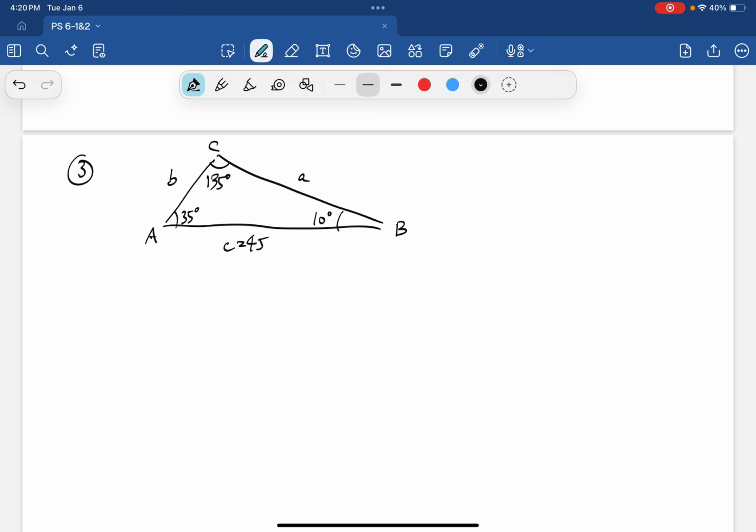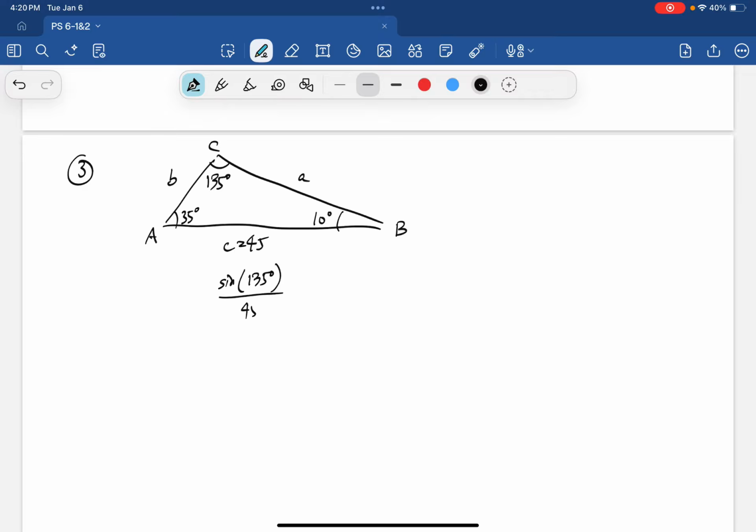And so now I'm going to use the C. I'm going to use these two, and then that will help me calculate A. So sine of 135 degrees, right? I'm going to have to calculate that because that's a nice angle, right?